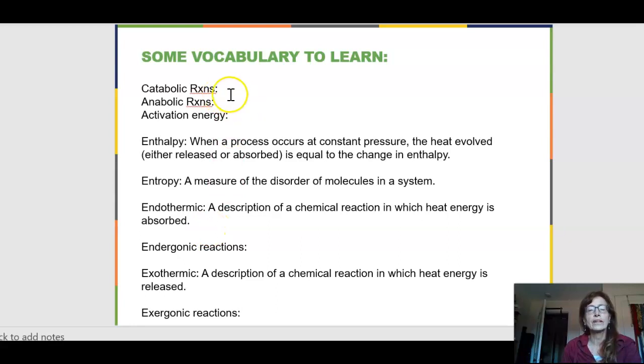I started writing a list of things like catabolic reactions, anabolic reactions. These had to do with the earlier videos: activation energy, enthalpy, entropy, and different terms for reactions. We're going to build this vocabulary so that as you're reading this, you feel confident in your understanding of this information. So I think that's a pretty good stopping point.